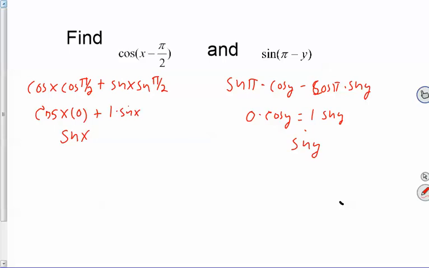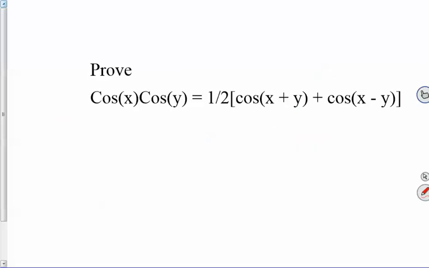All right, sweet. Moving on. This goes back to what we did before, where it says prove the cosine of x times the cosine of y is equal to 1/2 times 1/2 cosine x plus cosine y. So I guess what I'm going to do is deal with the right side.